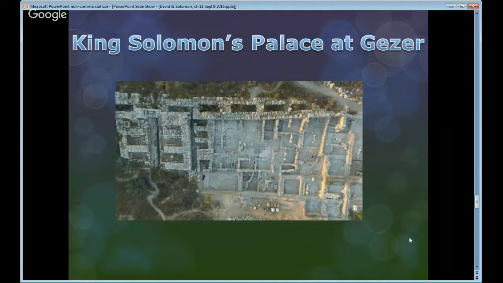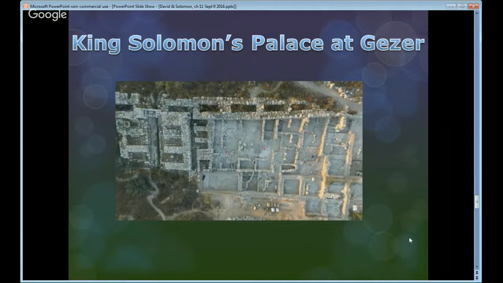The city was destroyed in the later Iron Age, perhaps with the invasion of Shoshenq of Egypt under Rehoboam. So there is question as to the duration and how long this palace was actually inhabited.